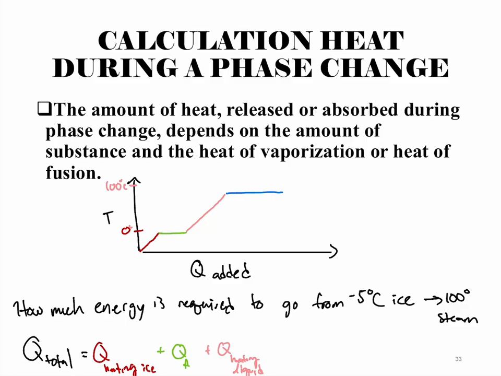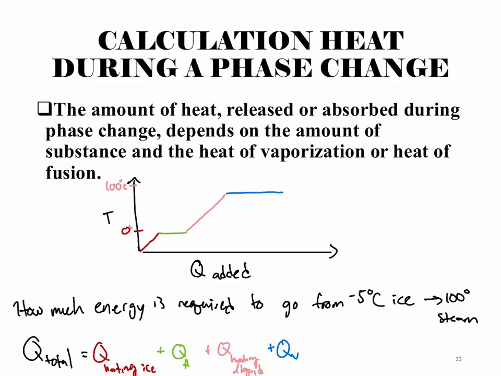And then finally, to get everything to go to steam, once we reach 100 degrees, what does all the energy go into? Yep, the vaporization, or turning all of the liquid water into gaseous water, right? Because once you reach that special temperature, temperature stops changing, energy is just going into converting from one state of matter to the next.